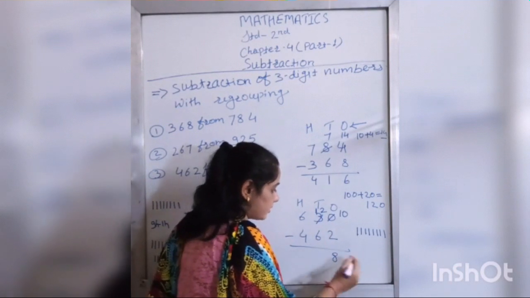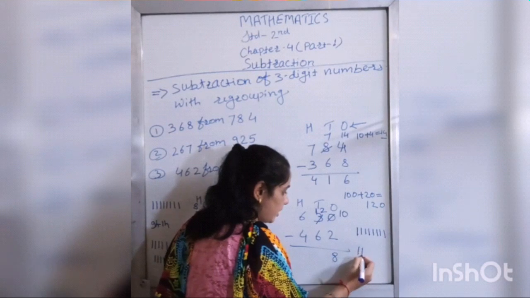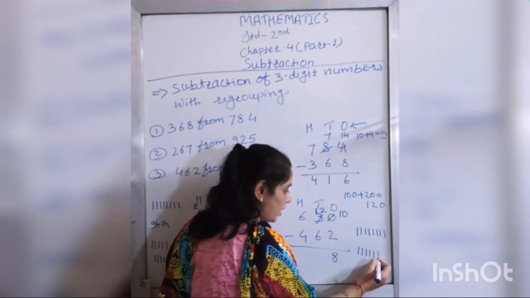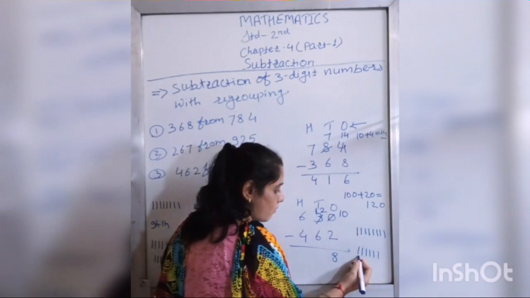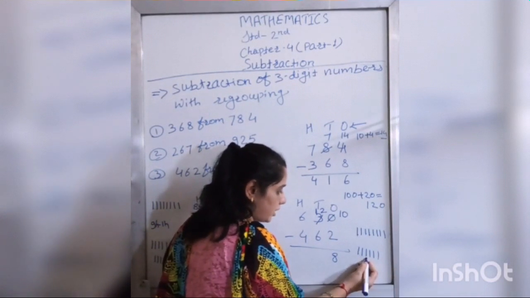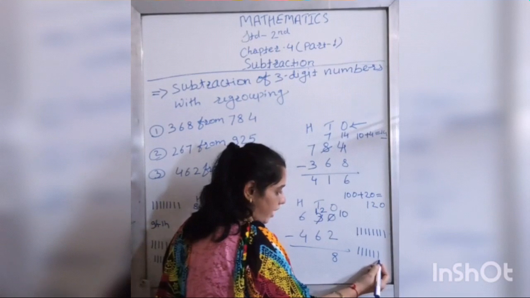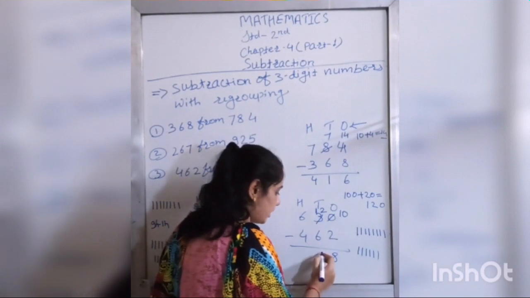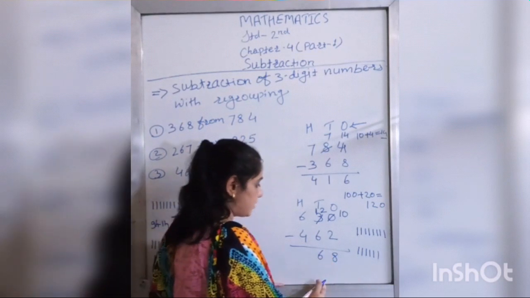Count after 6: 7, 8, 9, 10, 11, 12. Count these lines: 1, 2, 3, 4, 5, 6. So 12 minus 6 is equal to 6.